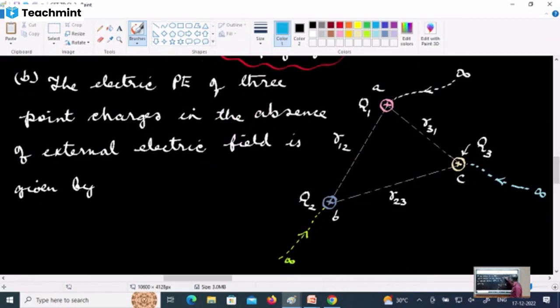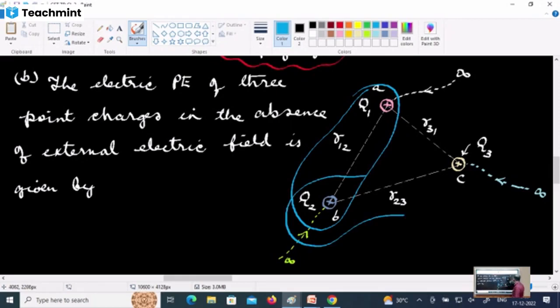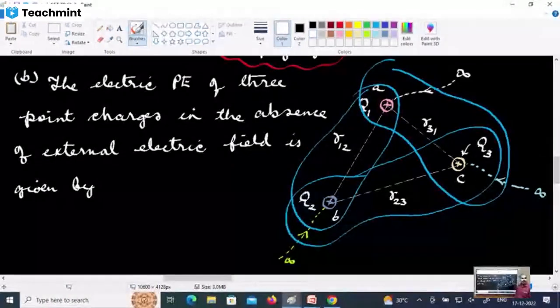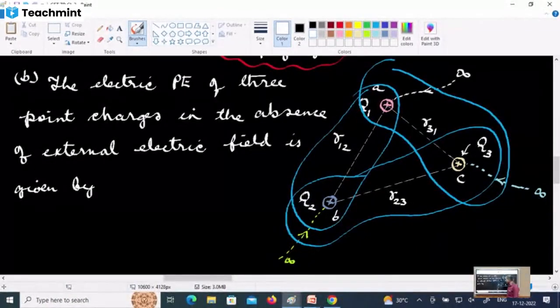One thing you have to bear in mind, there is a pair over here, there is a second pair of charges over here, and there is a third pair of charges over here. So for every pair of charges to assemble, you have to do work. So that work done to assemble the 3 charges will be stored in the form of electrostatic potential energy.